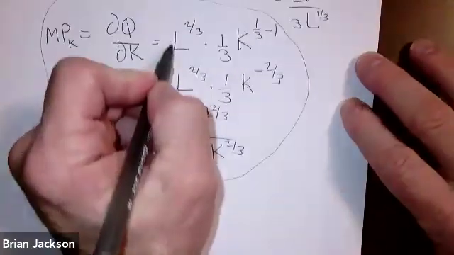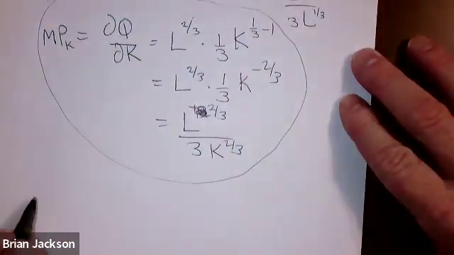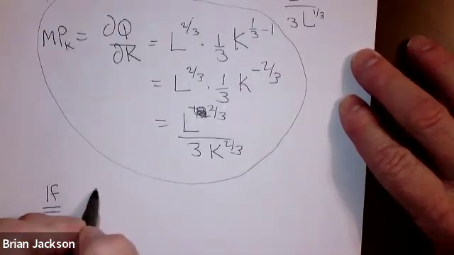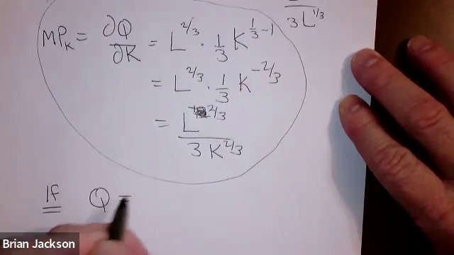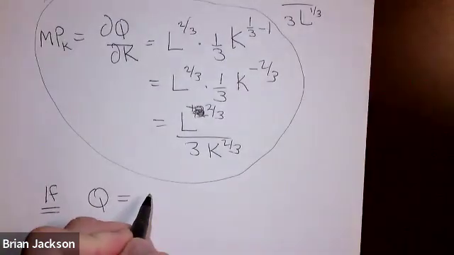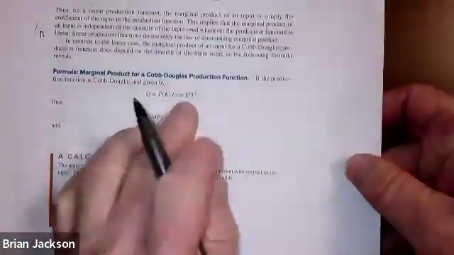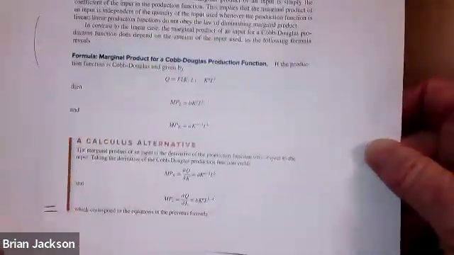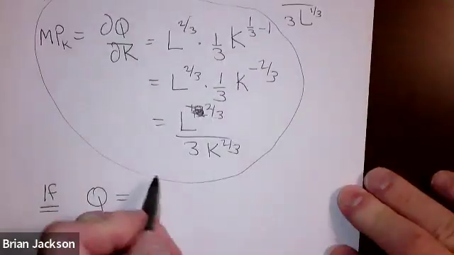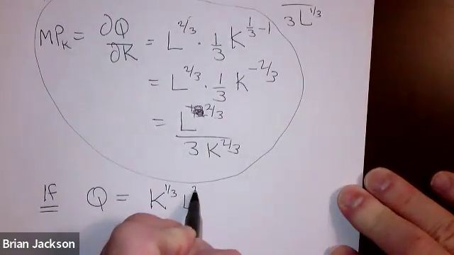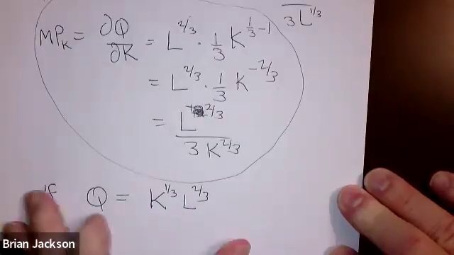This is your L to the B right here. If you start out with a Cobb-Douglas function of the form K to the A L to the B, which would be K to the 1/3 L to the 2/3, that's what we started out with way up here.